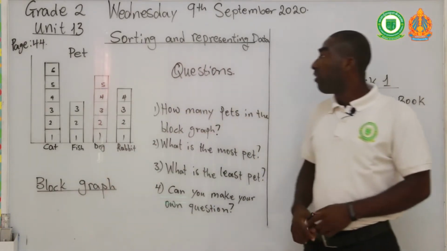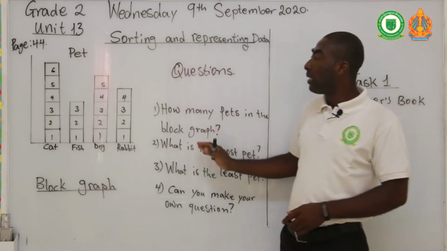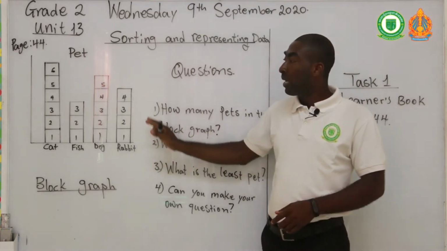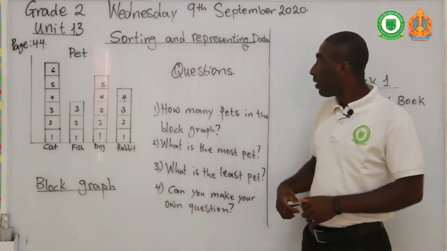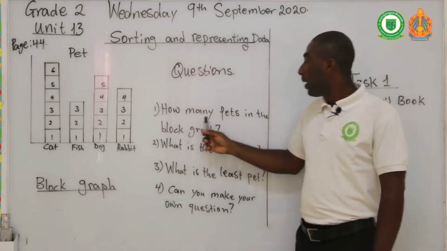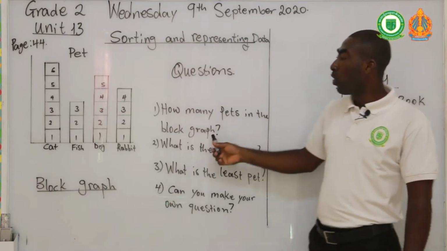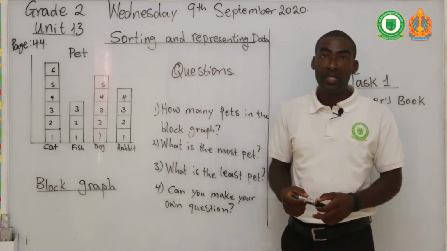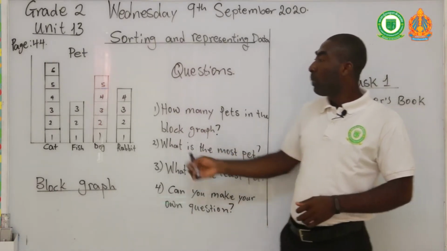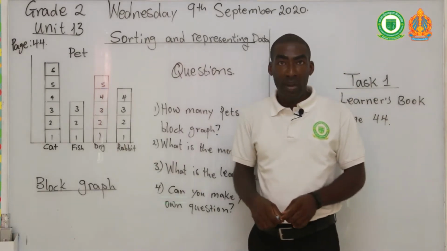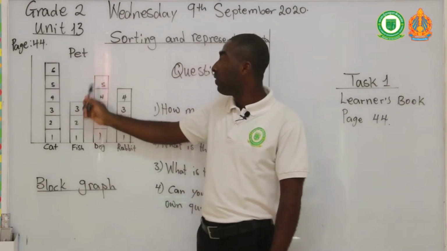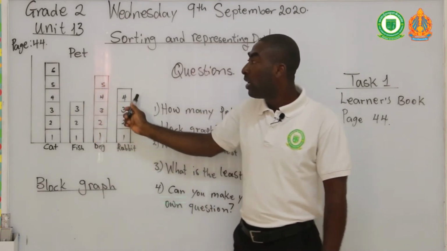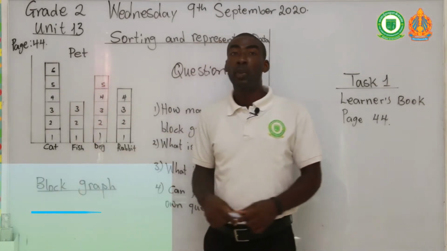Okay, there are a few questions that we can answer using our block graph. One, how many pets in the block graph? That is the first question. So how many pets do you see in the graph? Someone will say we see 6 here, 5 here, 3 here, and 4 here, so we need to add this and see the number of pets.